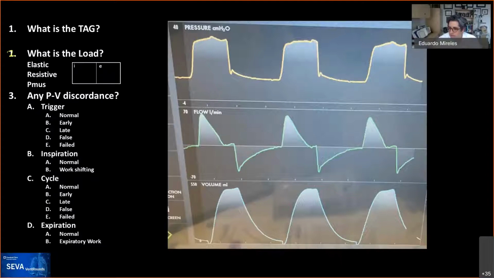I see at least 10 people are trying to go at it, so have no fear. And these are waveforms from live patients. These are non-modified.